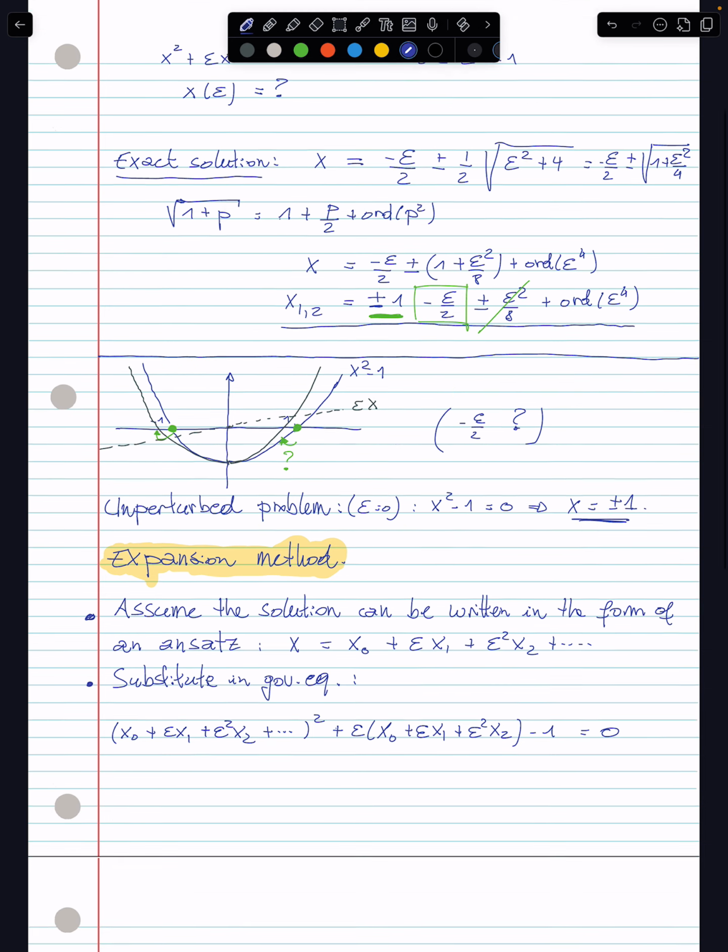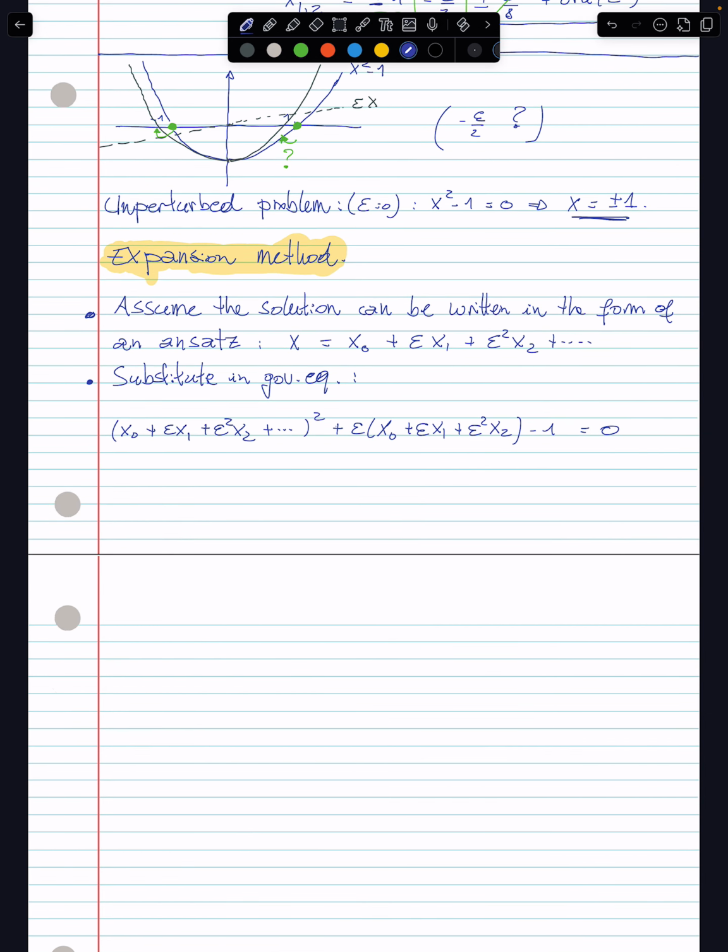Okay, let's expand. If we expand the first term, we have x0 squared plus the first double product, times epsilon, plus the second double product, which is twice x0 x2, epsilon squared, plus the second squared term, and then the following terms will be things of order epsilon to the third, plus epsilon x0, minus 1 is equal to 0.